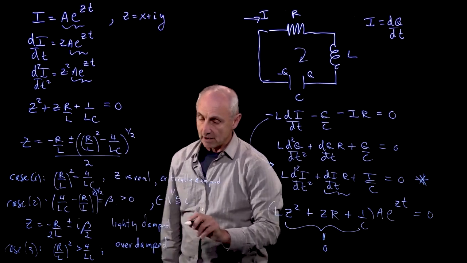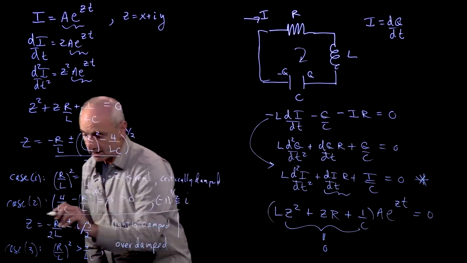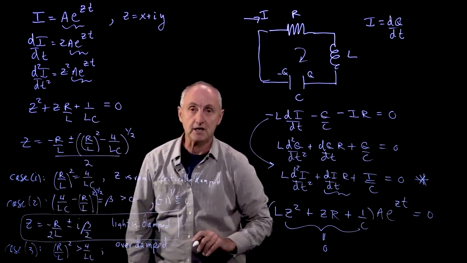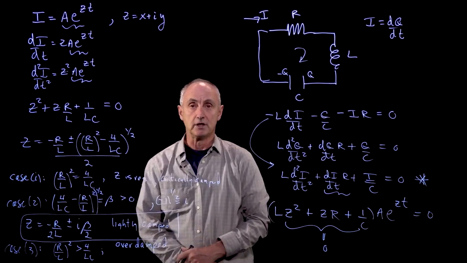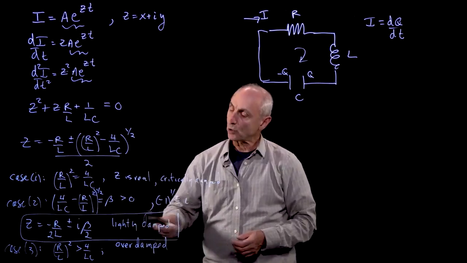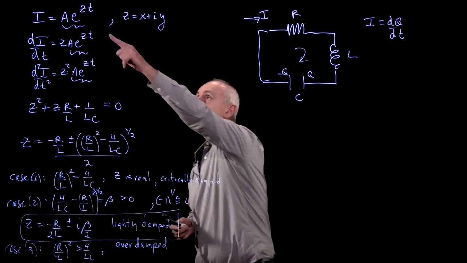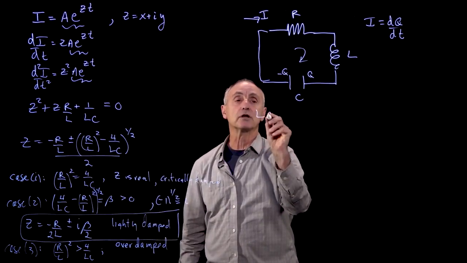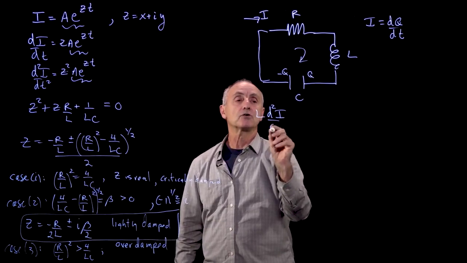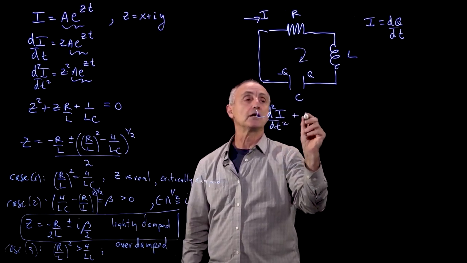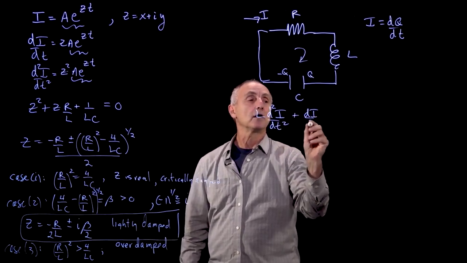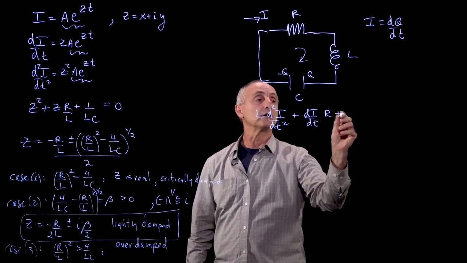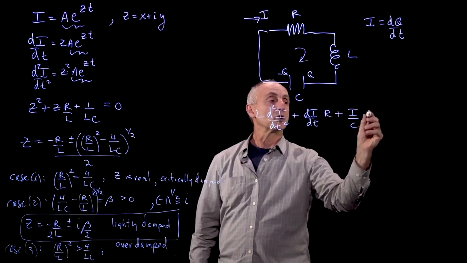The case that we've been often considering is the lightly damped case, and we'll talk about that one in a moment. We'd like to explore the lightly damped solution in a little bit more detail for the differential equation that described this circuit, where we took our circuit equation and differentiated it, and we're trying to solve for the current in this equation.